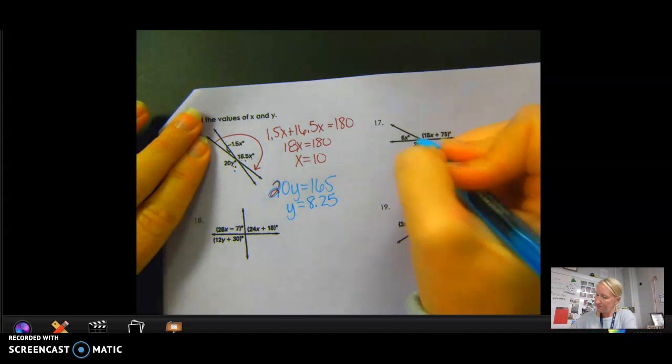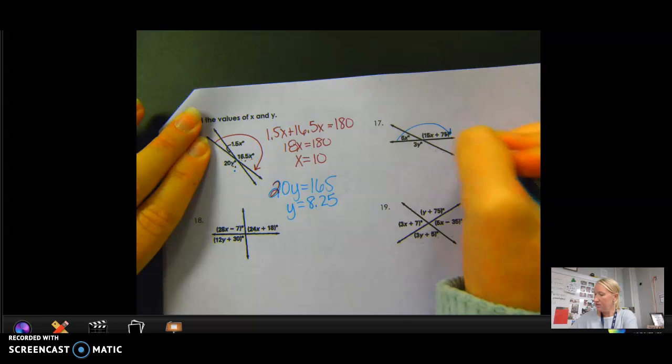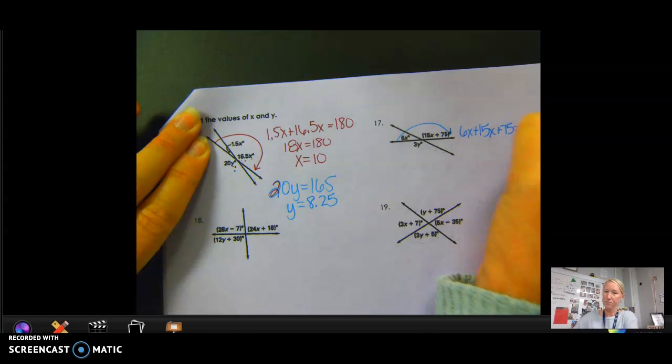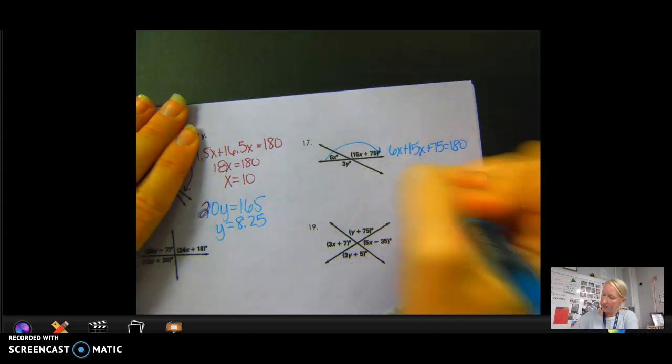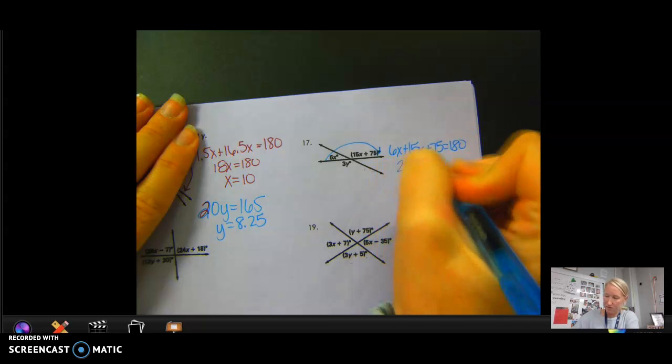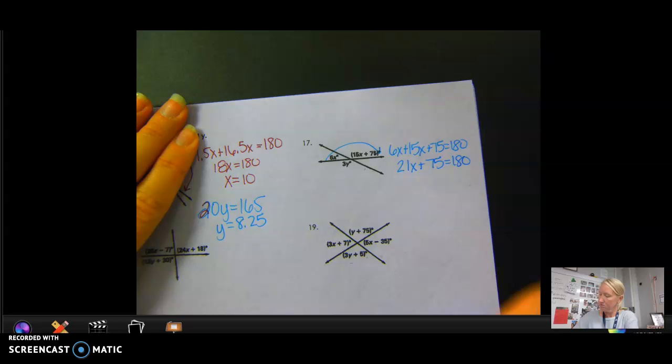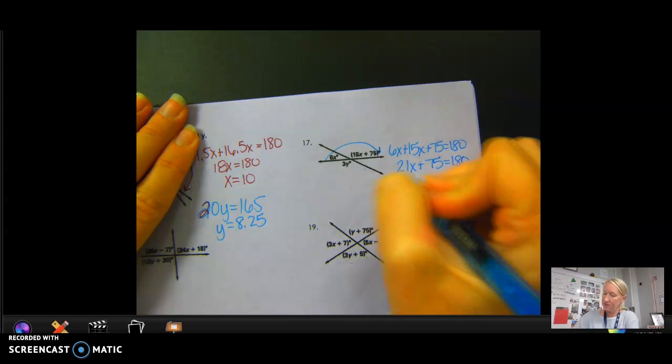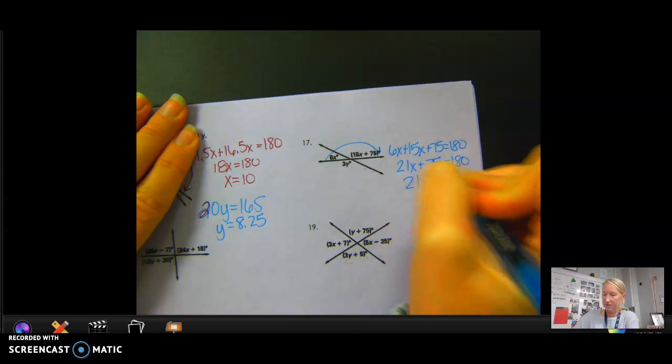All right, 17, vertical angles again. So 6x plus 15x plus 75 equals 180. Combine those like terms, and I get 21x plus 75 equals 180. I'm going to subtract 75, so I get 21x equals 105.